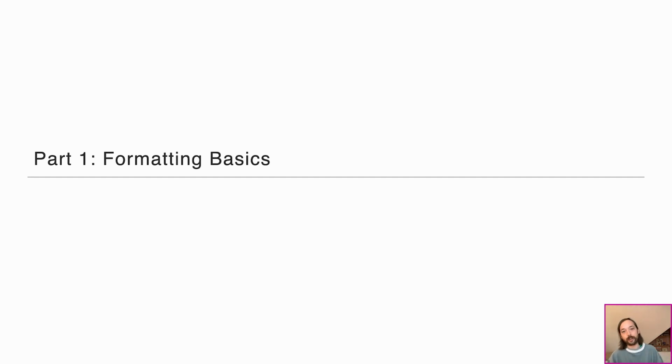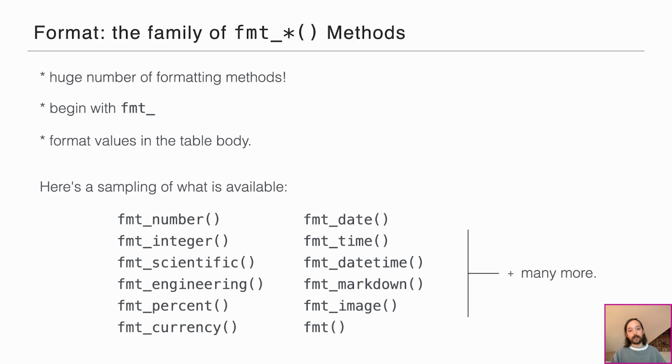In this next section, we're going to go through the basics of formatting, so how to clean up the values of the data themselves. The thing to know is there's a ton of formatting methods in Great Tables, so we've really bent over backwards to try to accommodate tons of situations. If you think about it, when people copy their data into Excel, they're using tons of formatters in Excel to format dates and percentages and things like that.